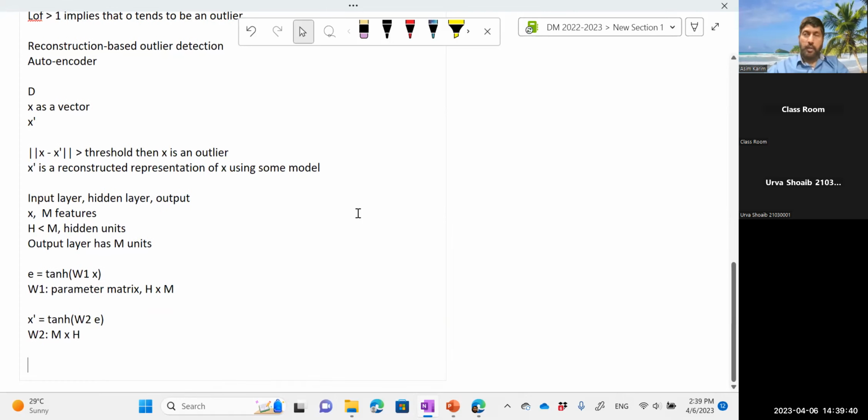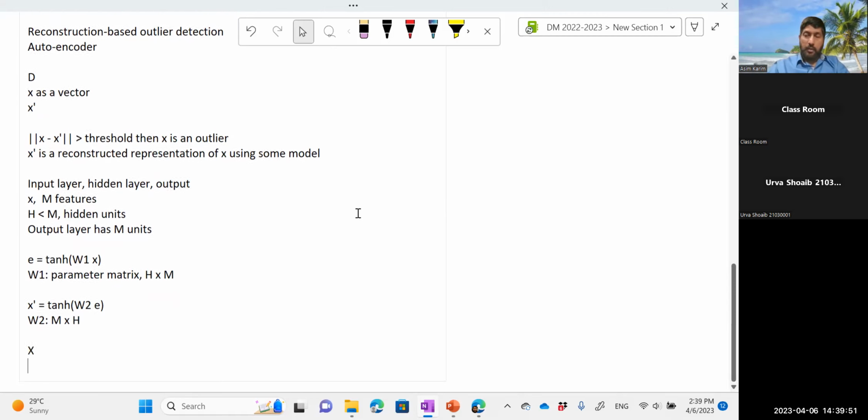So the idea is, given a data set D, we train the network so that it can regenerate the input again. That means you had an input x, and we get x prime. We would like x to be as close as possible to x prime. So the loss function, the objective function of the neural network, is to minimize this difference, and we will train it over the entire data set.